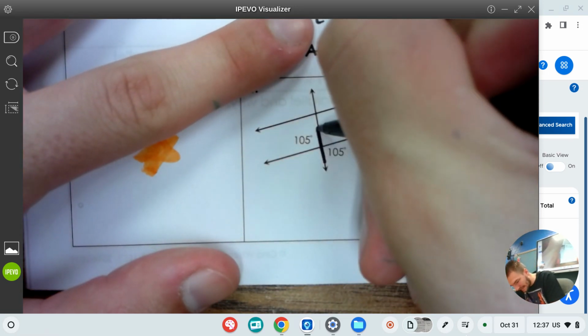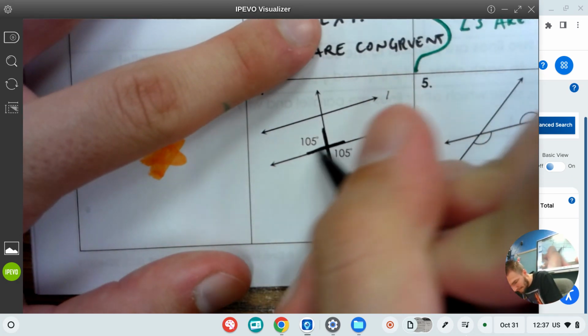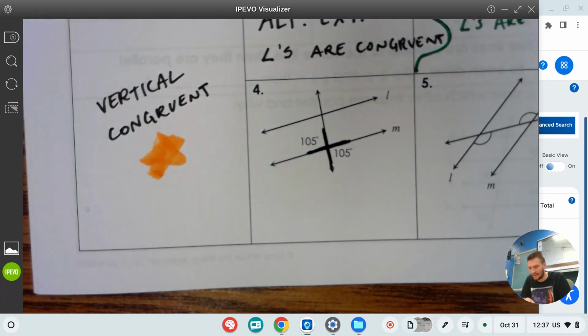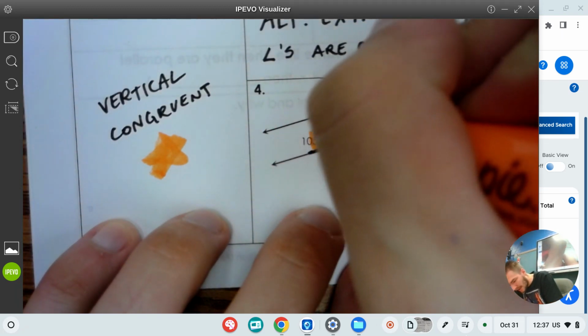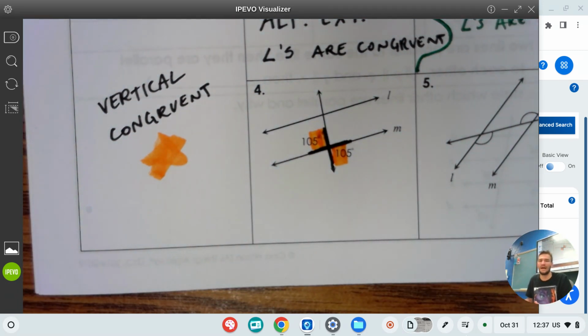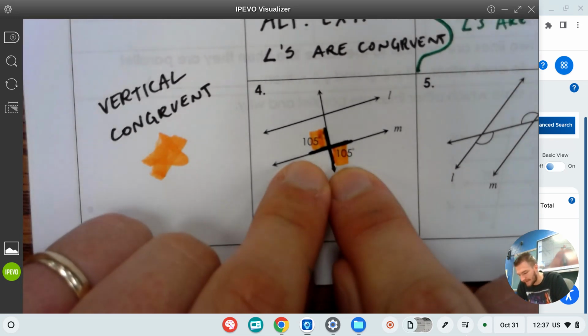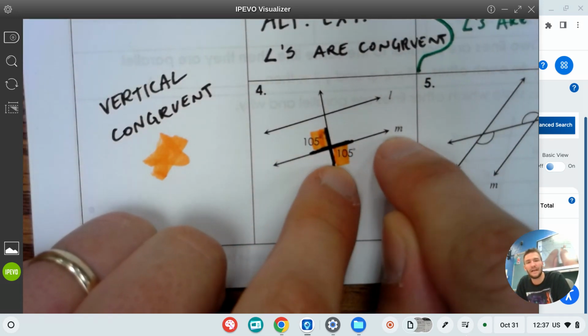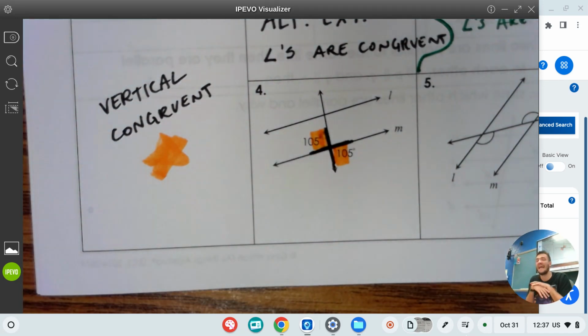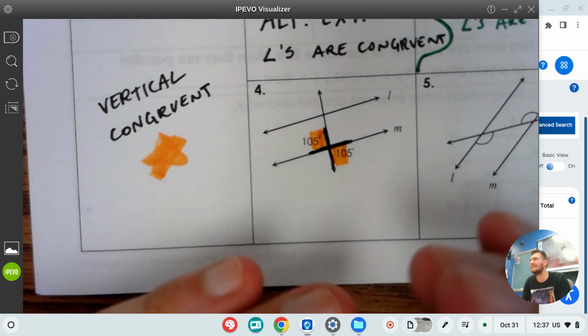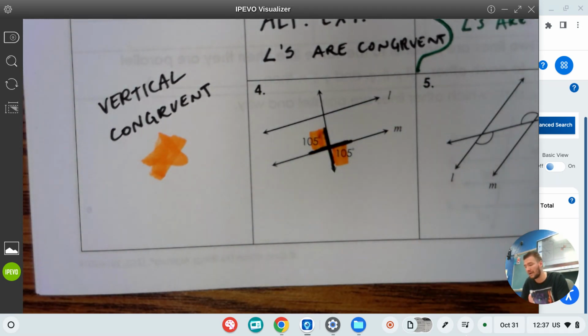If I look at this, and I know that they're congruent, the issue is that both of these angles have nothing to do with line L. This is 105 on line M, and this is 105 on line M. We don't have any information about L, and we're not allowed to do a corresponding, or any of that, because we also don't know if they're parallel.